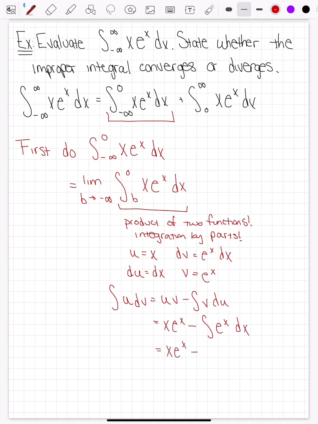We have an antiderivative formula which tells us the antiderivative of e to the x is e to the x. So now we can plug that in here. We have a limit as b approaches negative infinity of x e to the x minus e to the x, evaluated at b and at 0.